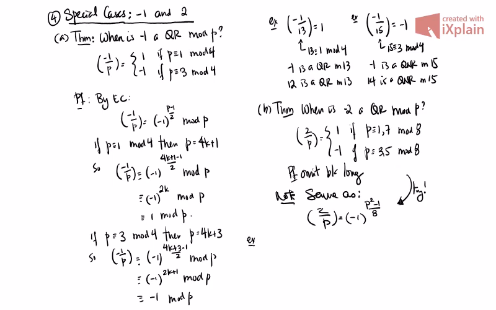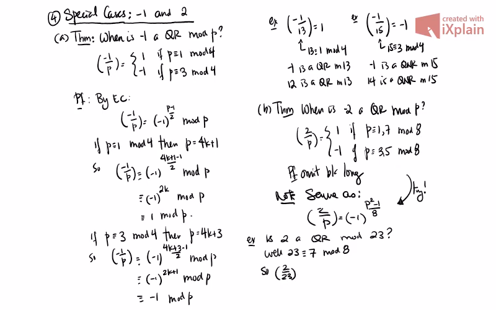An example here would be, let's phrase this as a question: is 2 a quadratic residue mod 23? Well, 23, that's a multiple of 8 plus something. 24 is a multiple of 8, that's too big. 16 is a multiple of 8, so plus 7, so this is congruent to 7 mod 8.